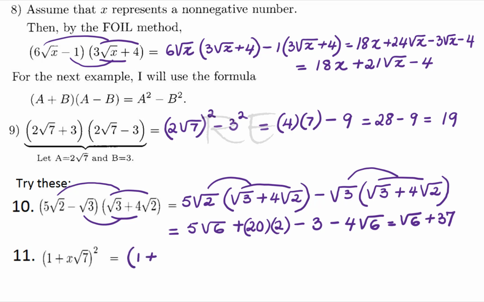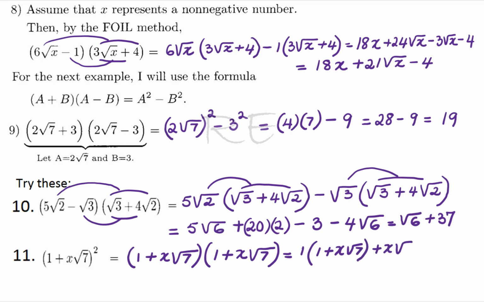1 plus x square root of 7 squared is equal to 1 plus x square root of 7 times 1 plus x square root of 7. Distribution: 1 times 1 plus x square root of 7, plus x square root of 7 times 1 plus x square root of 7.